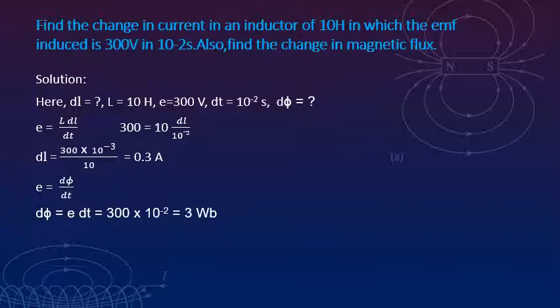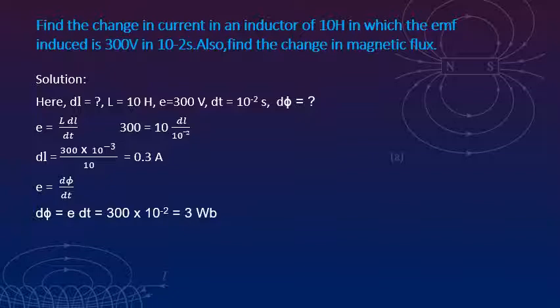So, we have the formula induced EMF E is equal to L into di by dt when we take the magnitude. Therefore, E is replaced by 300, L is replaced by 10, di we have to calculate, dt is replaced by 10 raised to minus 2.